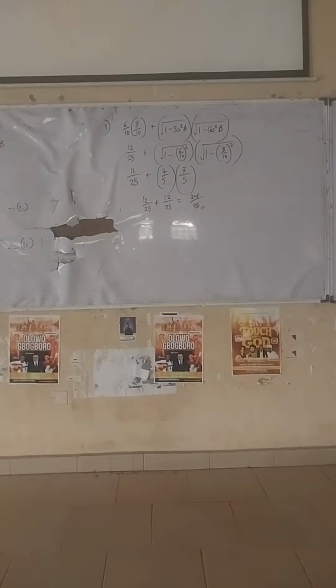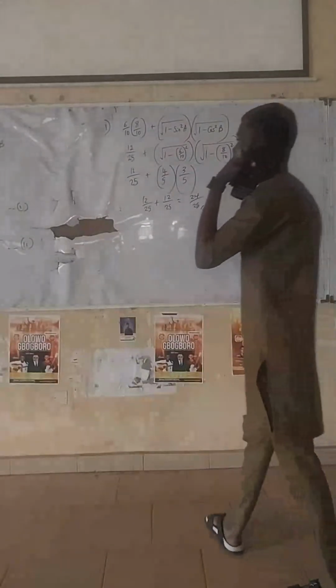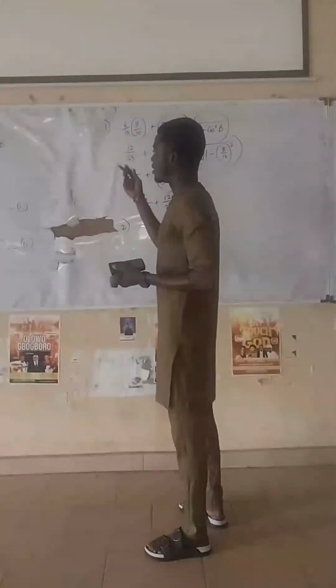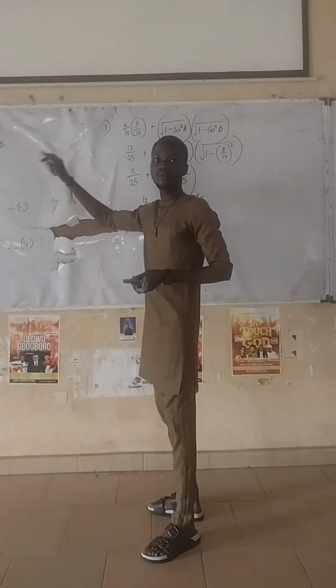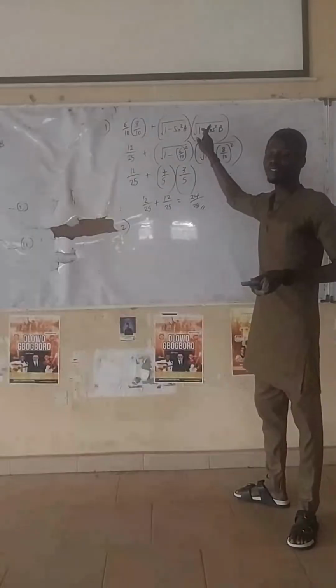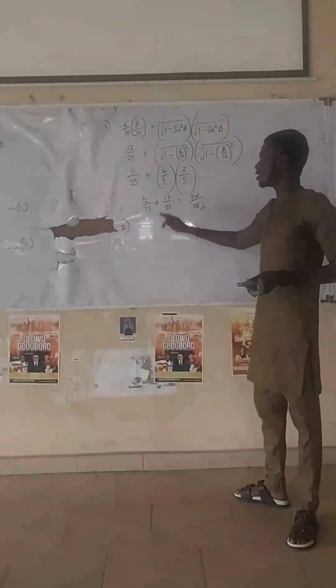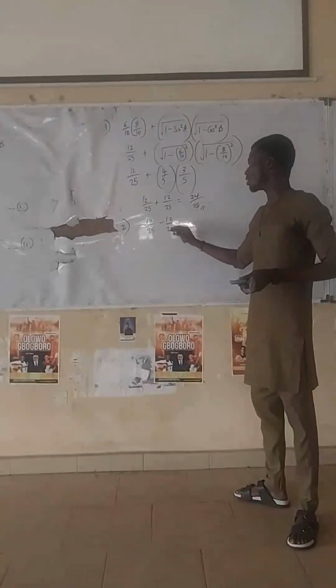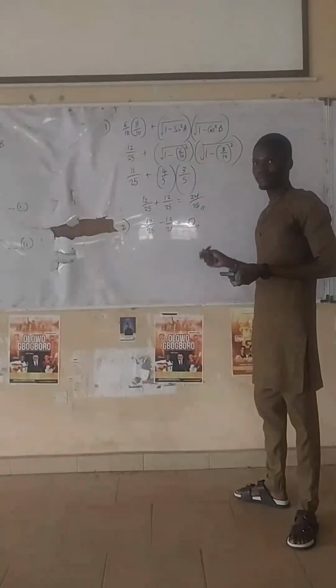The second one now, we have sine A minus B. Now what's sine A minus B? The sign in between, we change. Now this one is very simple because it's almost the same thing as this. But the sign in between changing, that means you have 12 over 25 minus 12 over 25. And that gives us what? 0.